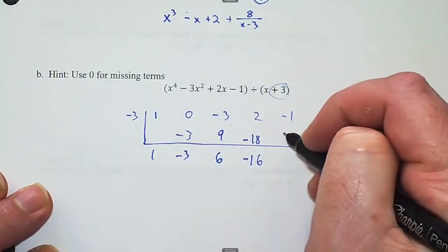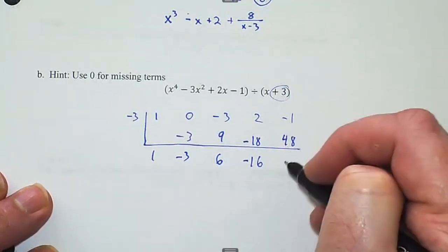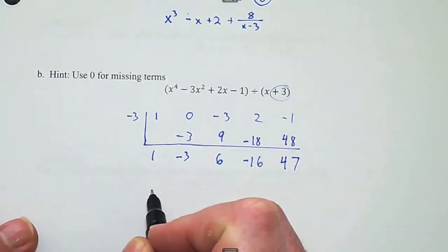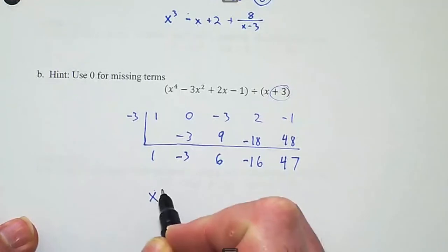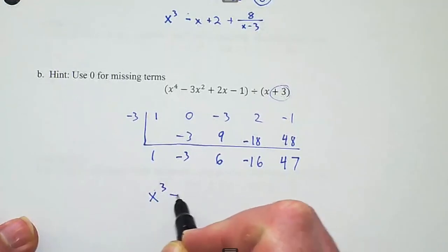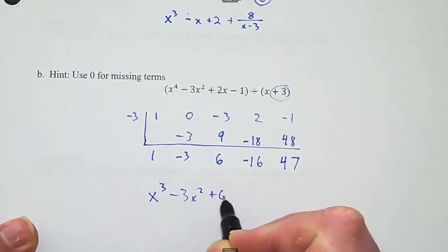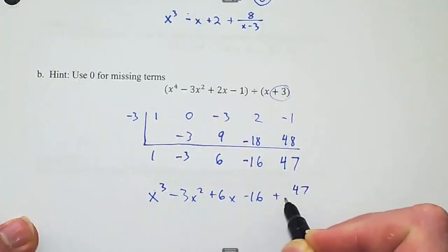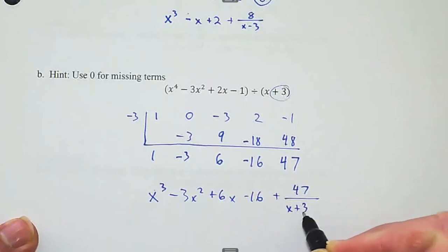Multiply. Add. The result always goes down a degree. It was x to the fourth, so it's now 1x cubed minus 3x squared plus 6x minus 16 plus a remainder of 47 over the divisor x plus 3.